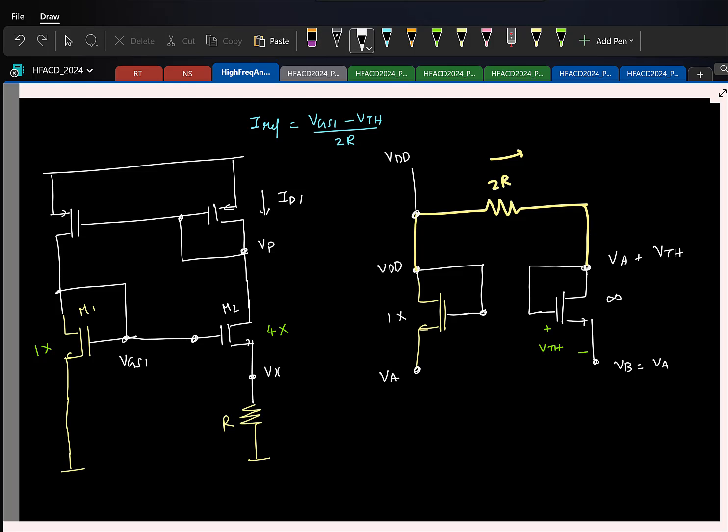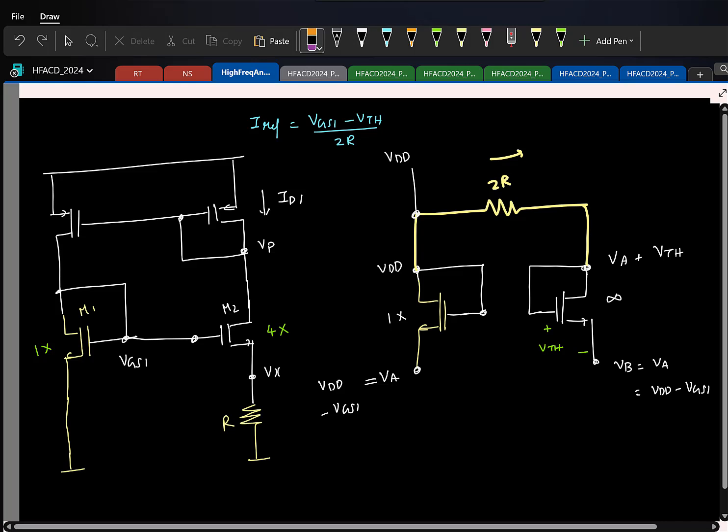What will this voltage be? So this voltage I'll rewrite. This is VA plus VTH, which was VDD.